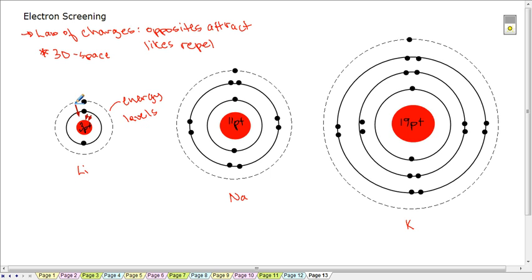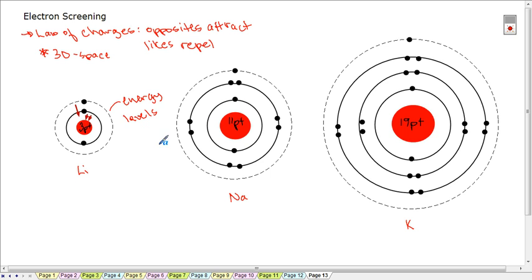Now, this outer electron is shielded or screened from the positive charge in the nucleus by this full energy level. I can think of it maybe as like a moat around a castle or something, making it more difficult for the electron to feel the pull towards the nucleus. And so we've got this concept of screening taking place.